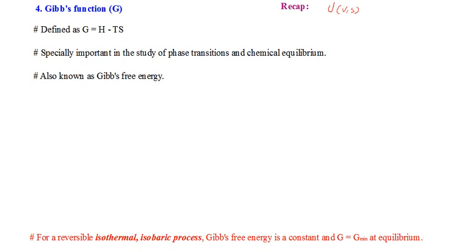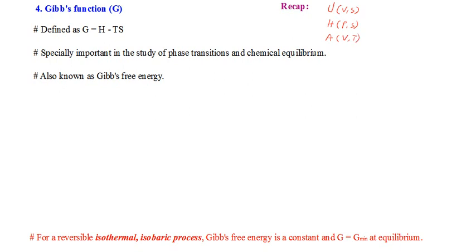Then we introduced the enthalpy H, whose natural variables were P and S, and we have seen the third one as Helmholtz free energy A, whose natural variables are volume and temperature.